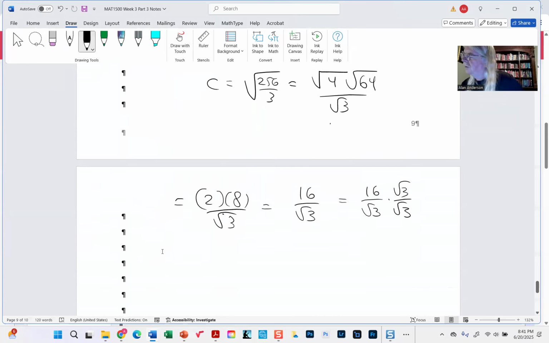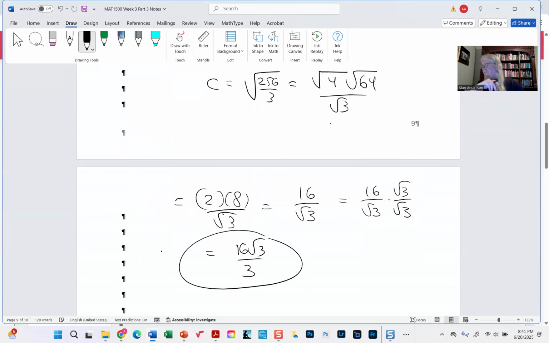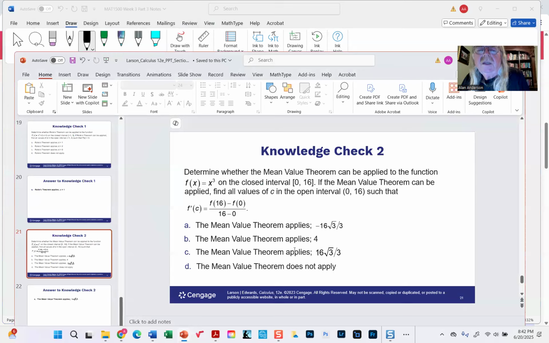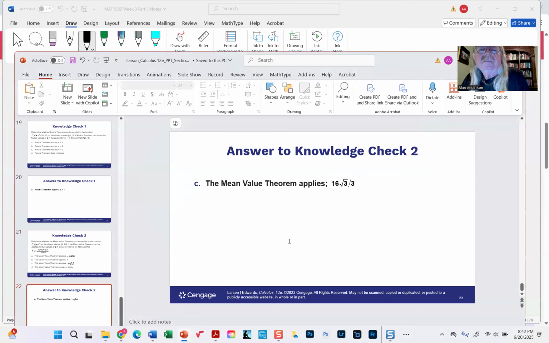So we end up ultimately with 16 radical 3 over 3. So it's c. Okay, so anyway, that was a very theoretical section.